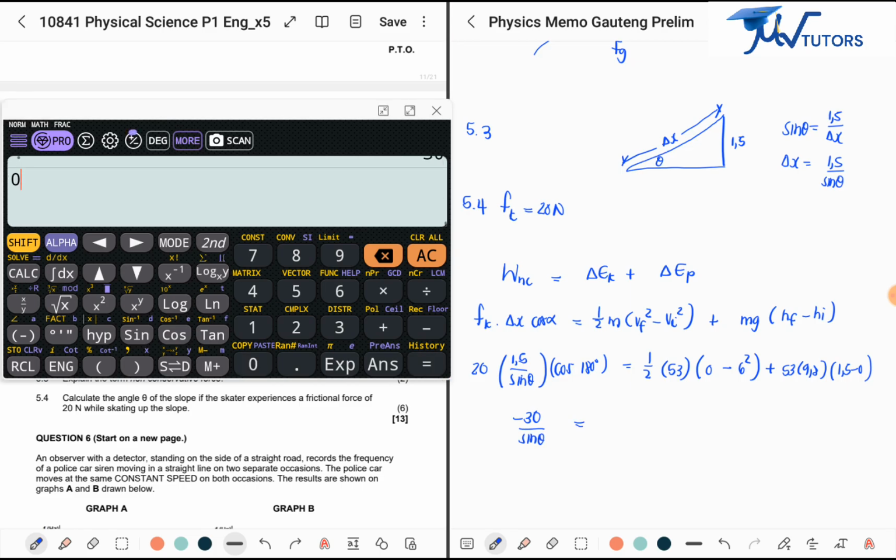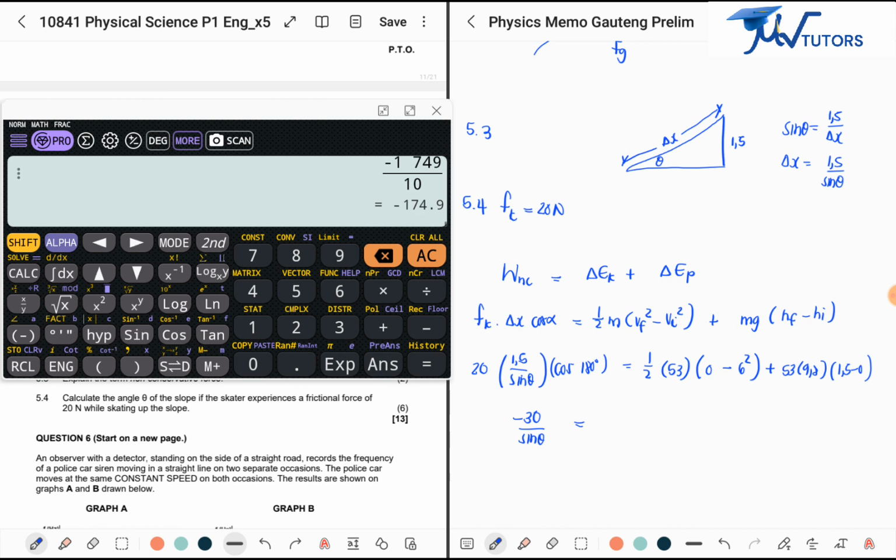Then we have 0,5 times 53 times negative 6 squared plus 53 times 9,8 times 1,5.